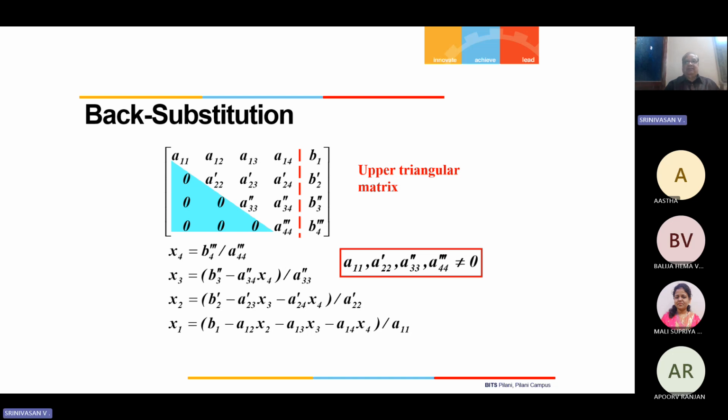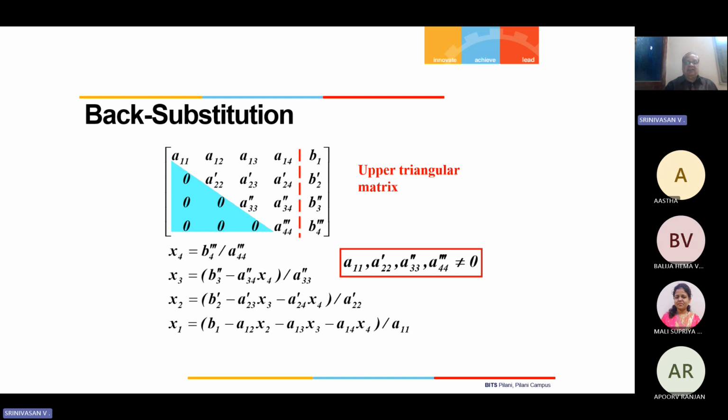Then going back, you need to find X3. So X3 will be B3 double dash minus A34 double dash into X4, isn't that so? This minus this, divided by the coefficient A33 double dash. Next you will have X2, with three terms here, then you will have four terms here.